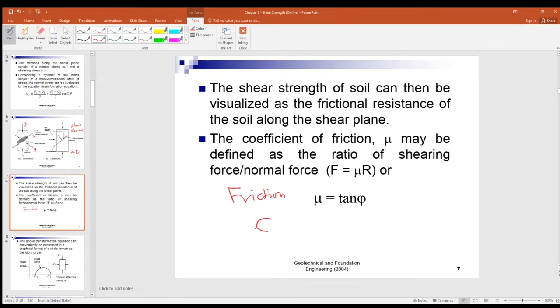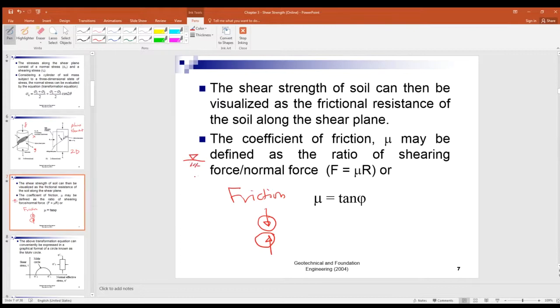Imagine this particle and this particle. Because of the overburden weight, say this soil particle is very deep below the ground level.